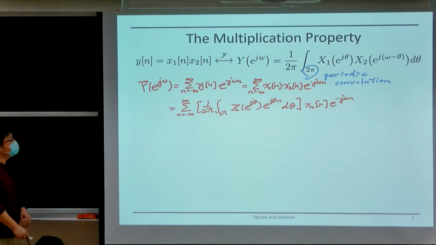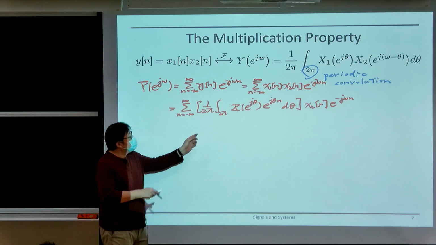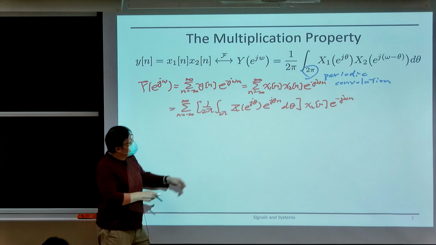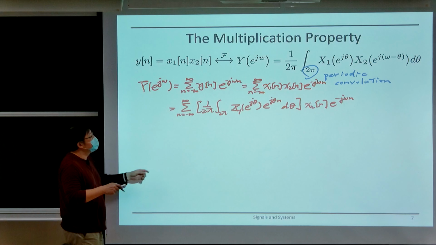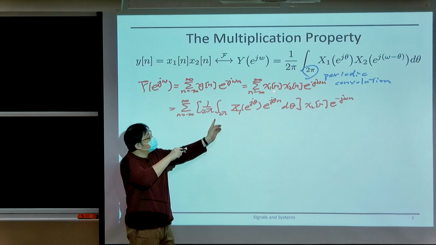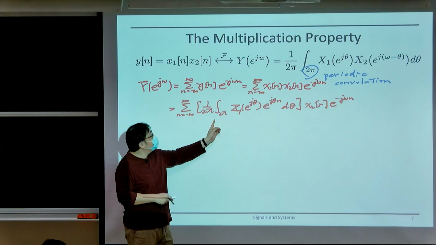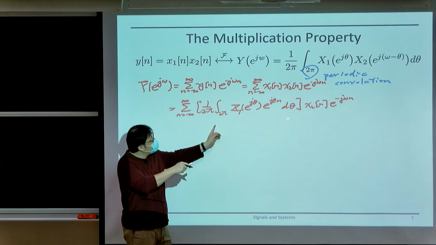So I'm replacing this time domain, lowercase x1[n], with this inverse Fourier transform formula. This should be capital X1.